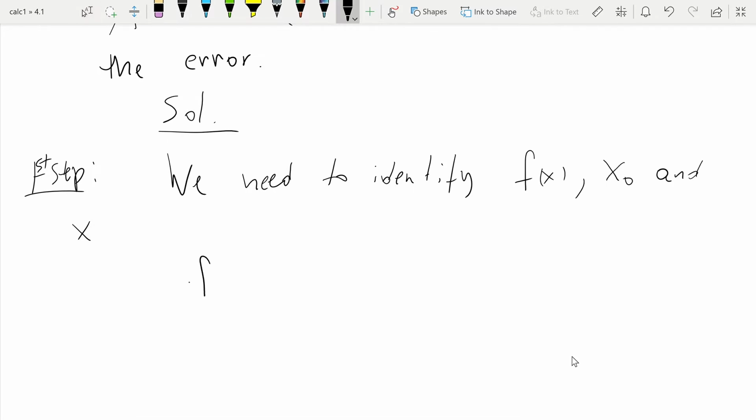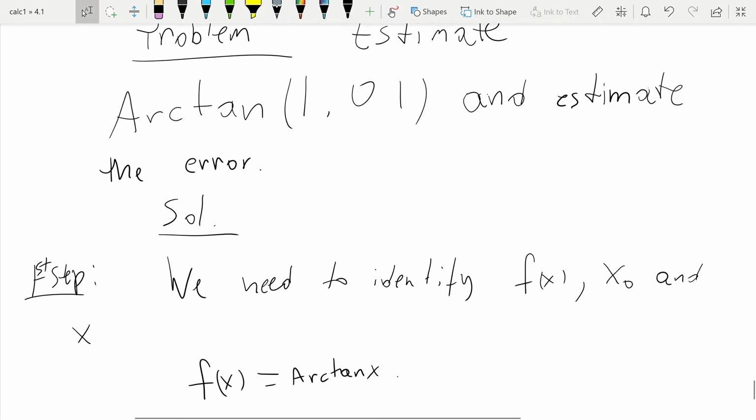So f of x is arctan of x. Now, at what point near 1.01 do you know arctan? At 1.